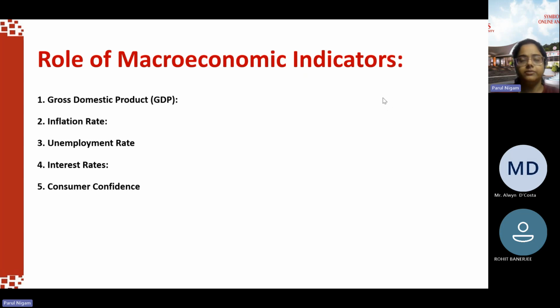For example, if a country has a very high unemployment rate, the country planning to invest there will see that there is so much unemployment. That means the economy is very weak, so they will not be willing to put FDI into that country. So a high unemployment rate may signal economic weakness that will eventually lead to reduced FDI.